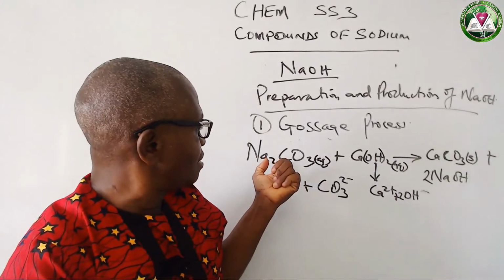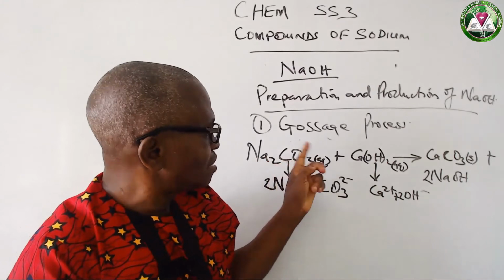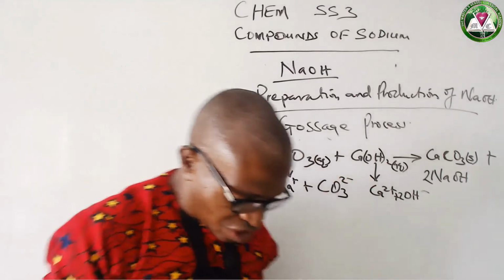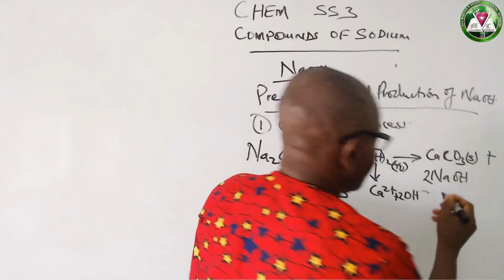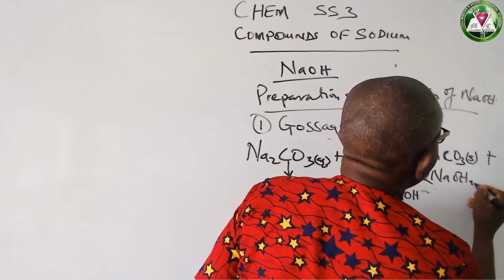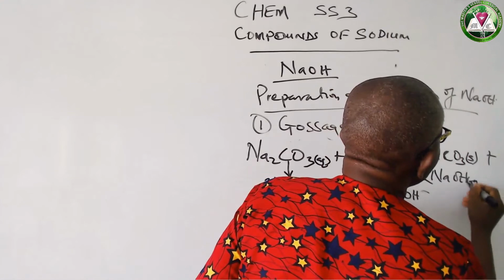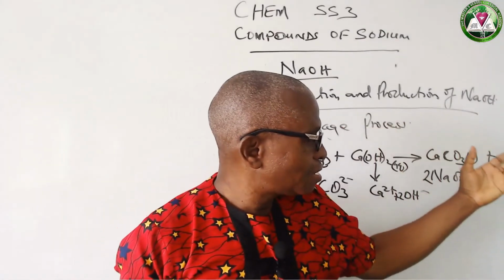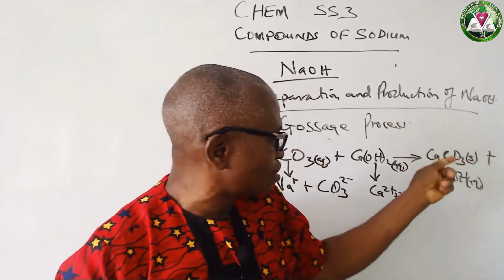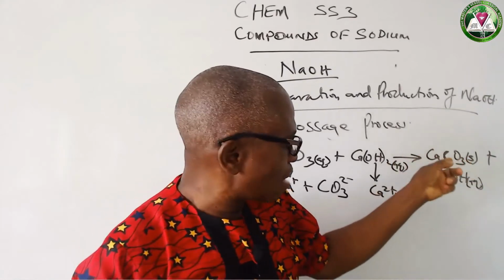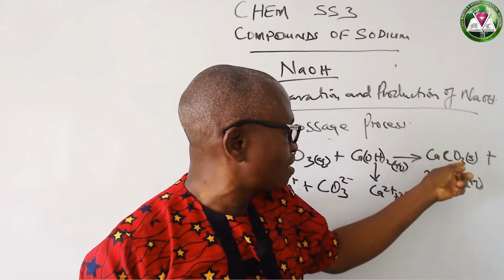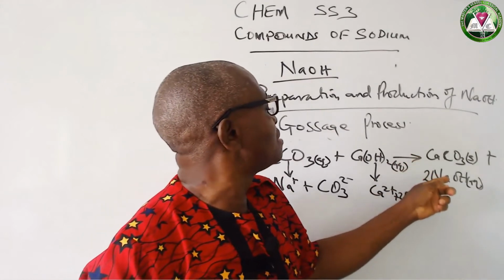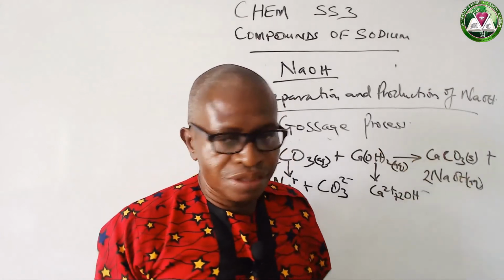This sodium will exchange itself with calcium. That is double decomposition. You can see that we have produced sodium hydroxide. If you look at the right side of the equation, you discover that the calcium trioxocarbonate(IV) is a precipitate and that the sodium hydroxide is aqueous.